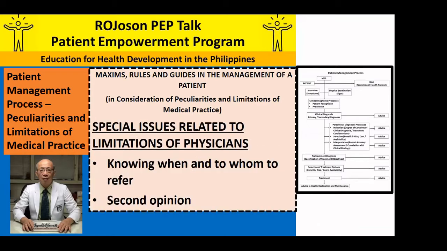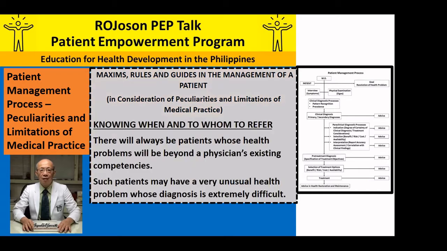I will now go to the two special issues related to the limitations of doctors or physicians: knowing when and to whom to refer, and then the other issue is second opinion. Let's start with knowing when and to whom to refer. There will always be patients whose health problems will be beyond a physician's existing competencies.